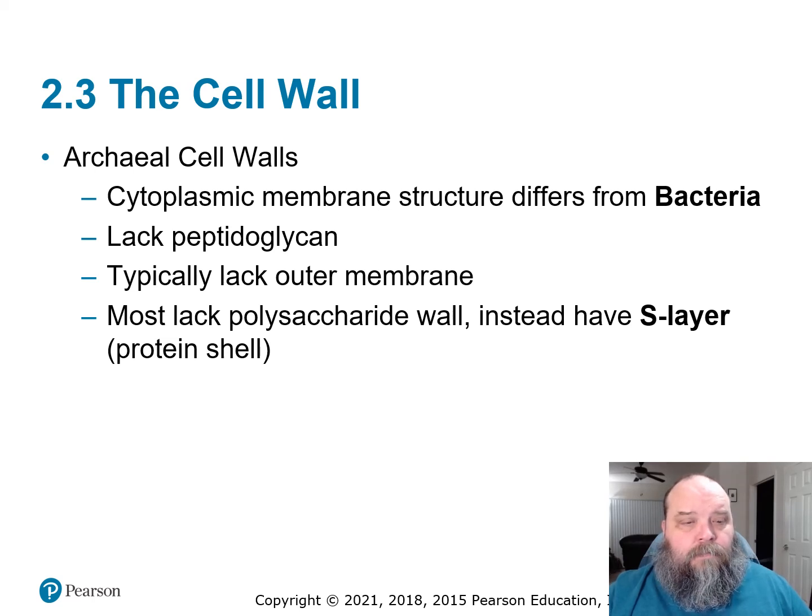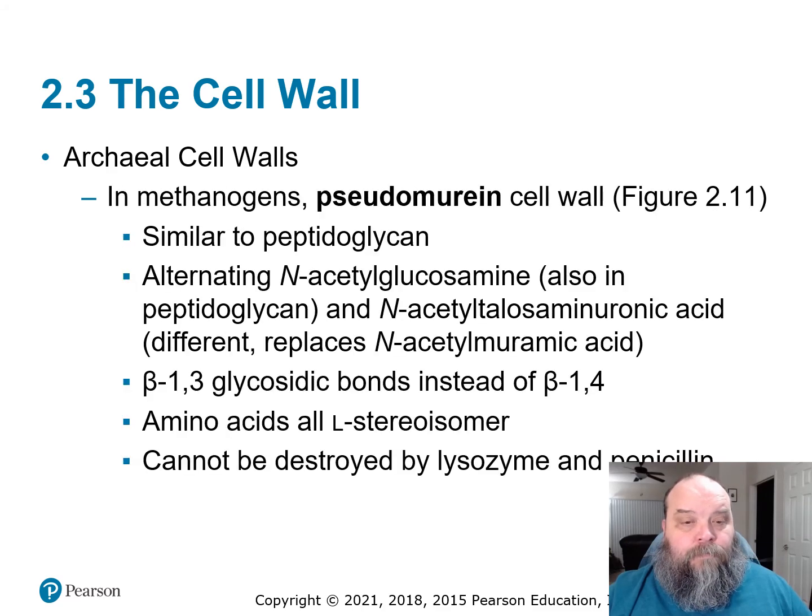Archaea use other means to maintain shape. One of them happens to be that S layer I talked about before. But the main thing is replacing one of the sugars found in prokaryote peptidoglycan with something that is known as pseudomurein.